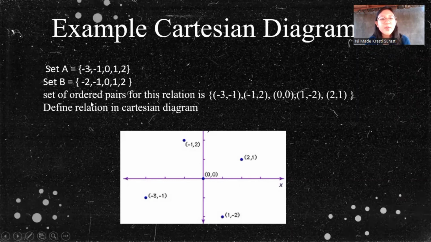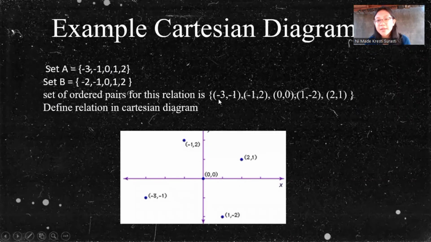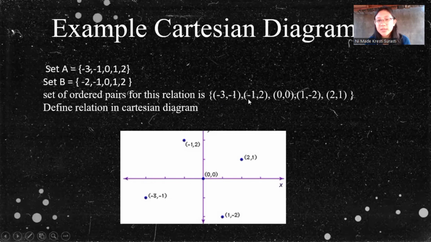The set of ordered pairs for this relation is (-3, 1), (-1, 2), (0, 0), (1, -2), and (2, 1). Define the relation in a Cartesian diagram.